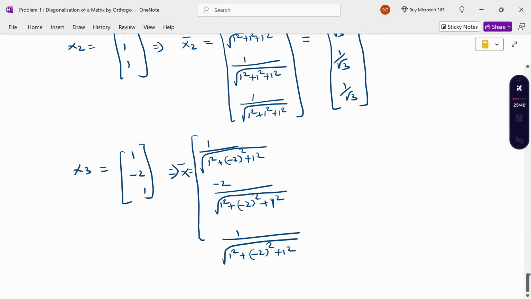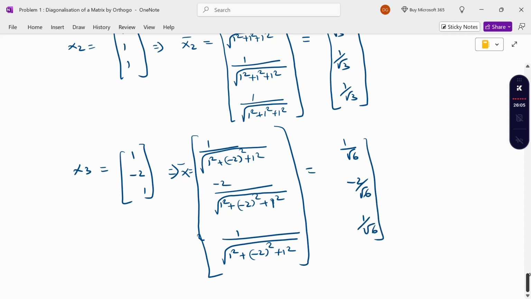This is our normalized vector. So this is 1 by root 6, minus 2 by root 6, 1 by root 6. So this is our normalized eigenvector.